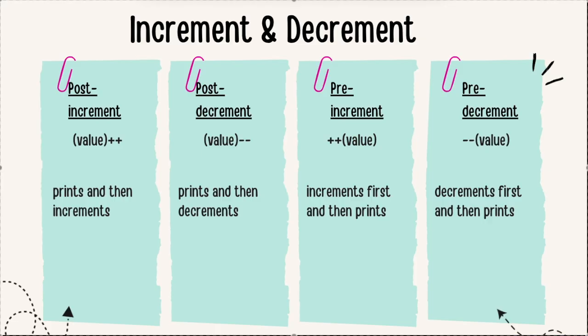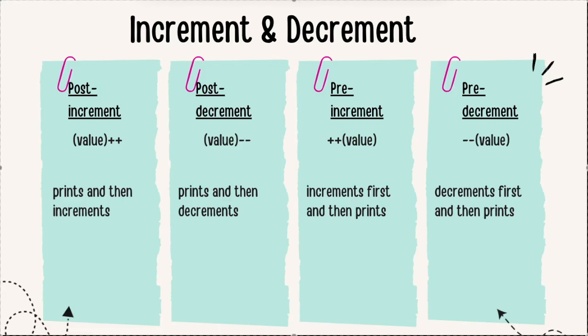For post, we write value and then plus plus for increment and minus minus for decrement. For pre, we first write plus plus or minus minus and then value. What happens in post? Post first prints and then it either increments or decrements. Whereas for pre, it will first increment or decrement and then print.